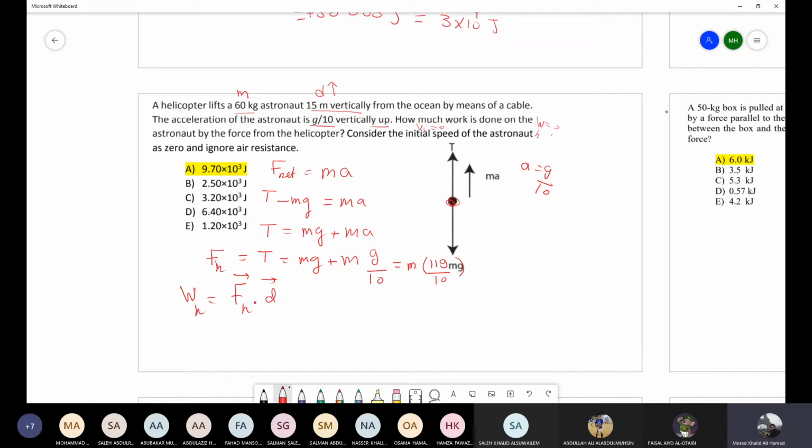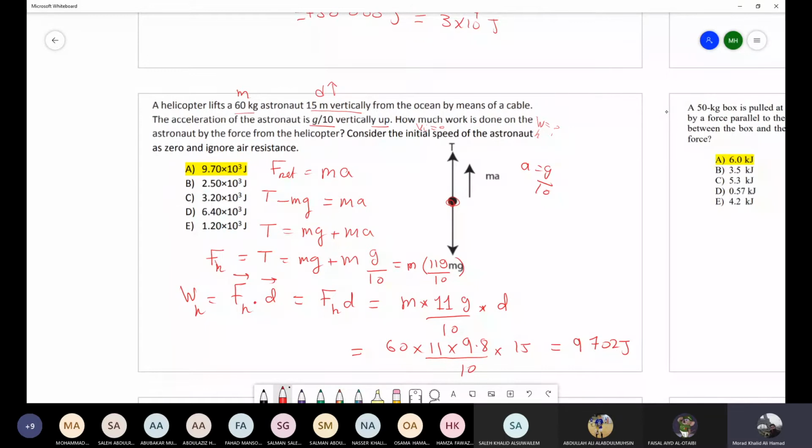The direction of the force is up and the direction of the distance is up, so cosine theta between them is equal to 1, which gives F_H times D. So F_H is the tension, m times 11 g over 10, times the distance D. Substituting, this is equal to 60 times 11 times 9.8 divided by 10 times 15 meters, and this will give you 9702 joules.